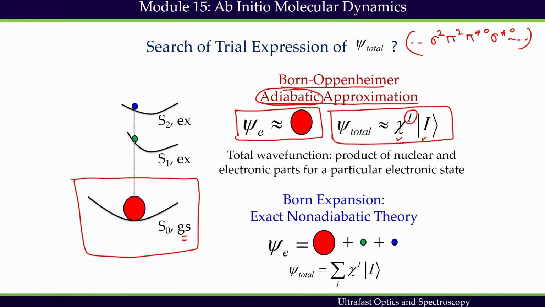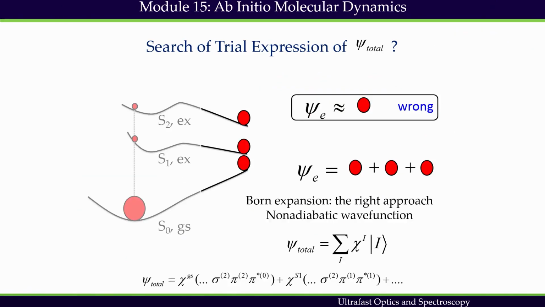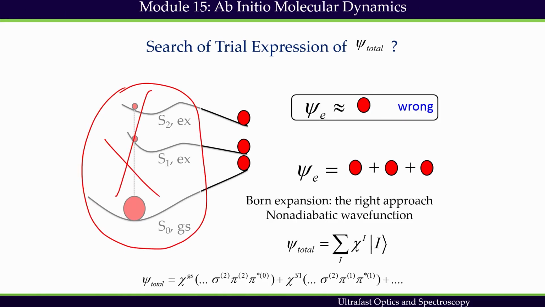But the adiabatic Born-Oppenheimer approximation breaks down if the electronic states are very close lying. Let's say we are not in this regime of the potential energy surface anymore. We are in this regime where different electronic states are coming closer and they are very close lying.